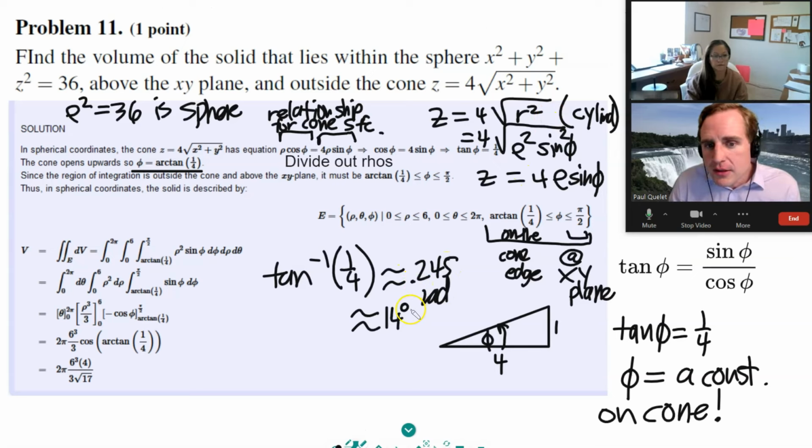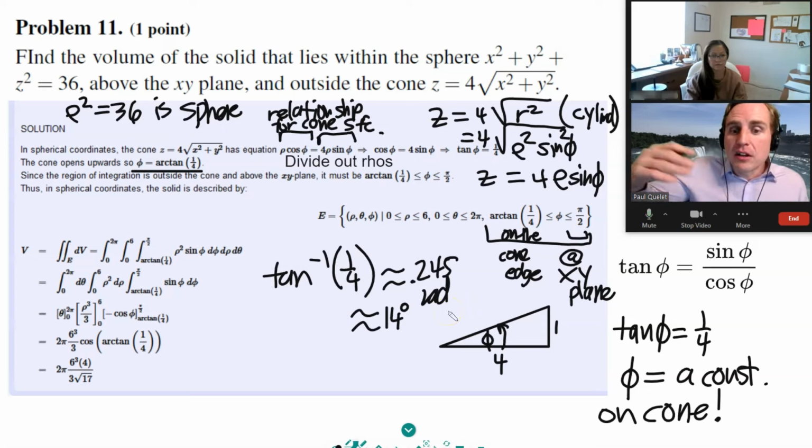Which is 0.245 or so radians. Remember, the only reason we're doing arctan of 1/4 is because we want an exact value. An exact value is sort of better in math than in science, because in math we want to leave a clear breadcrumb trail that we knew how to do the problem, whereas in science we would just get an approximation of that.